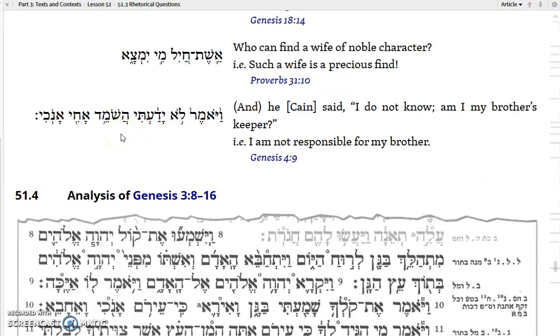And then he asks a question, hashomer, this should be, by the way, a resh at the end rather than a dalet. Keeper of my brother am I? Am I my brother's keeper? And it is a rhetorical question implying I am not responsible for my brother.